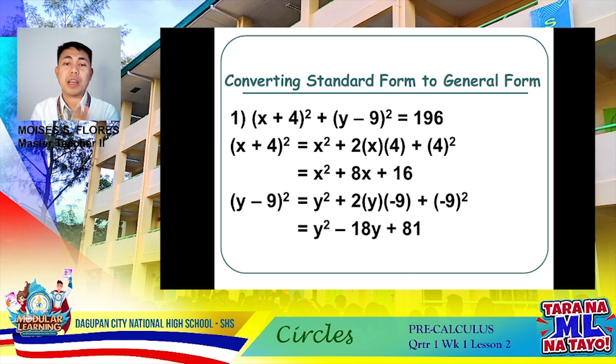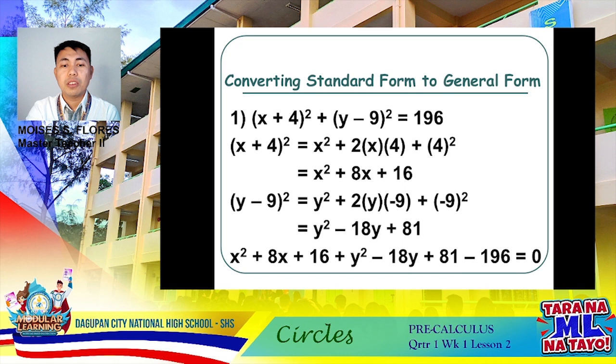After expanding the two binomials, the next step is to transpose your constant to the other side. Actually we use the word transposition, but the proper term would be addition and subtraction of equality.